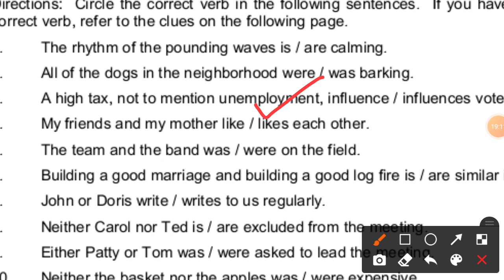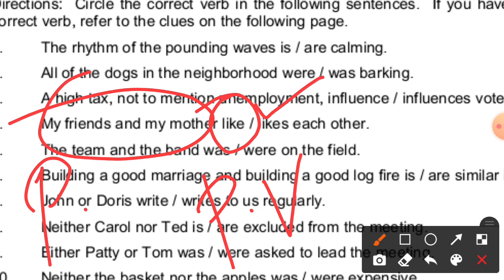Likes is your singular verb, but we need to choose a plural verb in order to make harmony. So here like is your plural verb. Plural verb and plural subject. Hence like is your right answer and likes is your incorrect answer. Clear, students? Shall I move further?